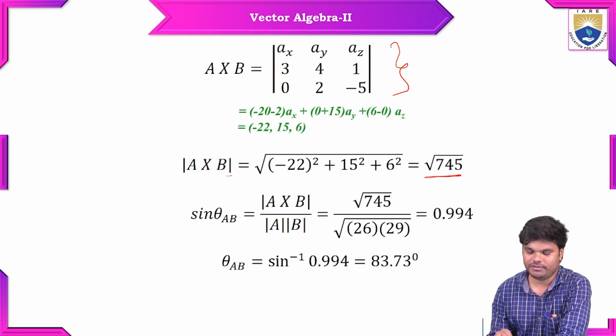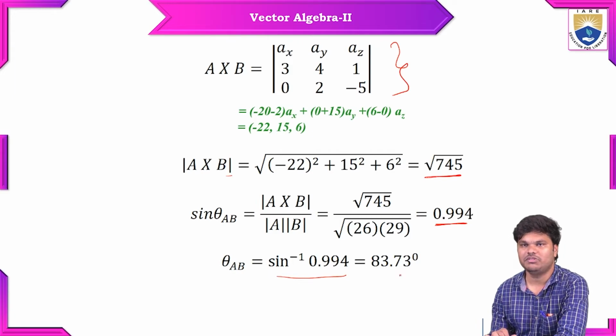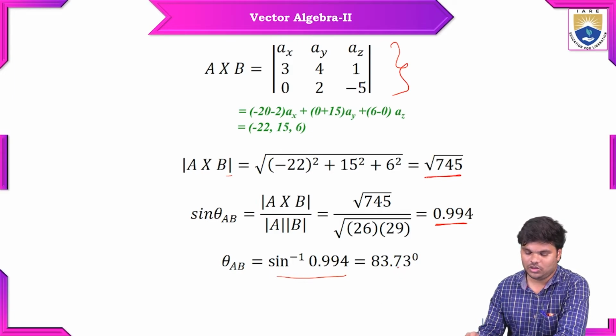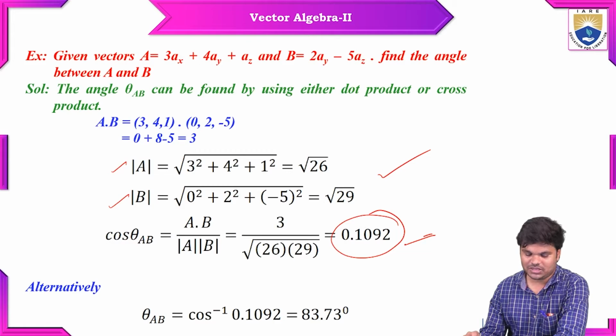Root of 745 divided by root of 26 into root of 29. So this is the value of sin theta AB, and theta AB is nothing but sin inverse of this value, which is 83.73. See, you get the same answer in both ways. If you get different answers, then it means your calculation is wrong somewhere.